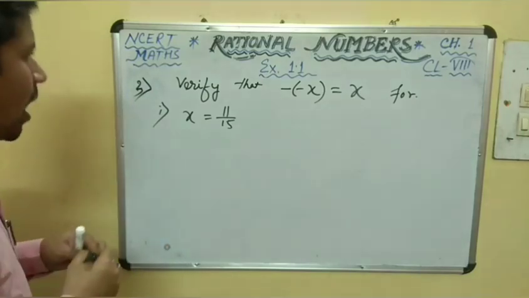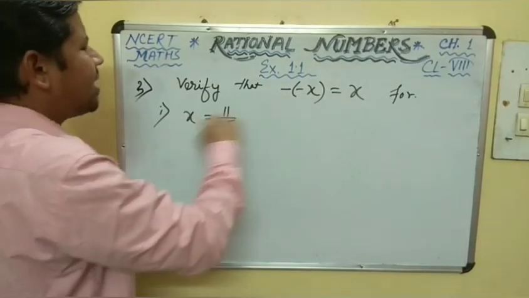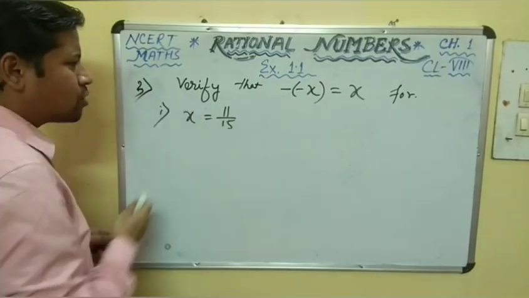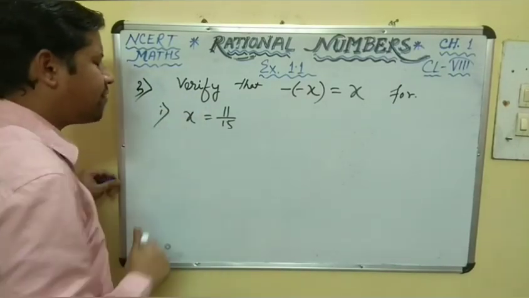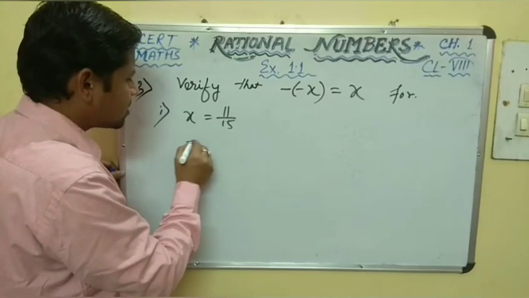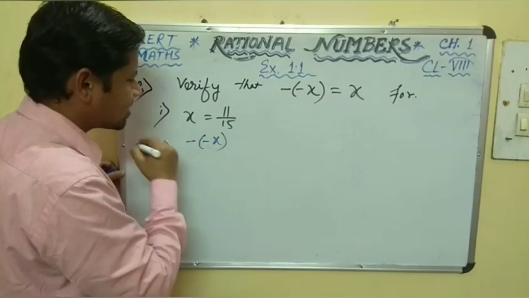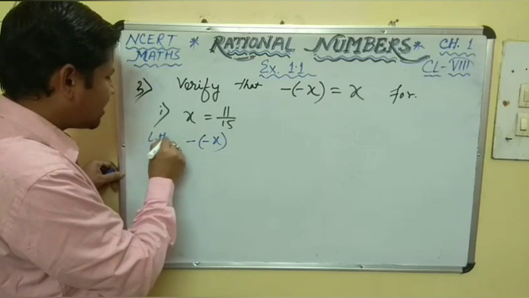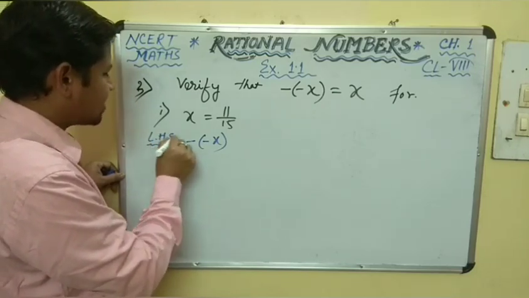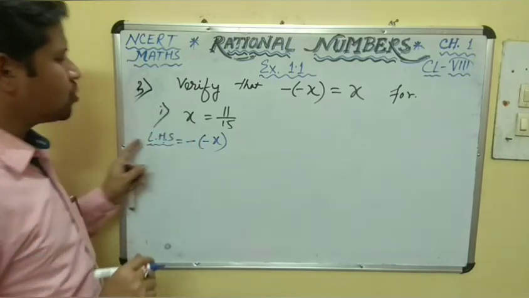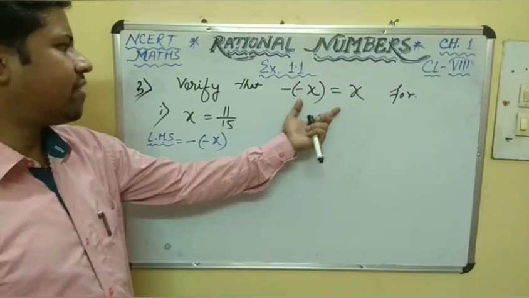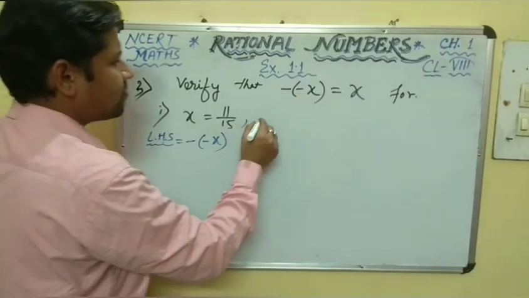So how can we prove that minus of minus x equals x? Where x equals 11 by 15, if we take minus of minus x as the left hand side, LHS, we have to verify.